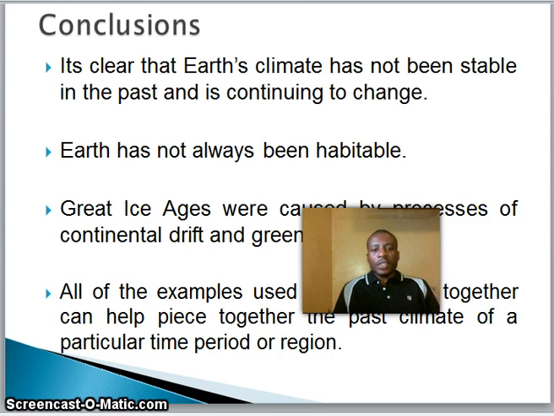The great ice ages were also caused by continental drift, like I said. Putting these two concepts together, continental drift and the Milankovitch cycle, we can explain the long-term and short-term changes of paleoclimates.